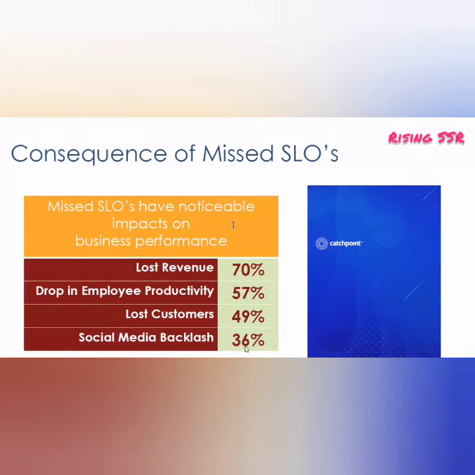And nowadays with social media being so high, it won't take even seconds to have things exposed on the internet. Social media backlash, that is what we call it. If a bank's ATM goes down, it's not that much of a problem in India.